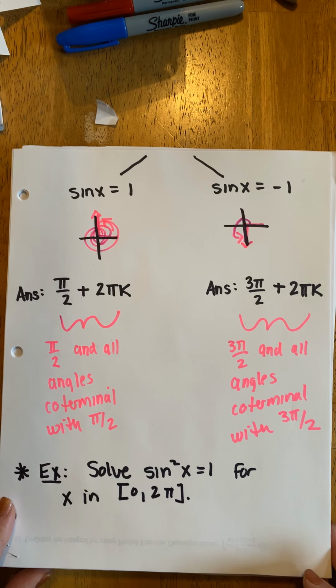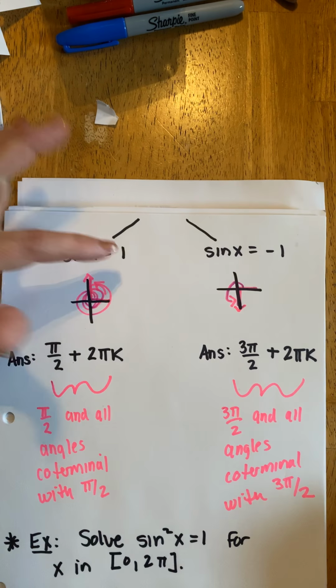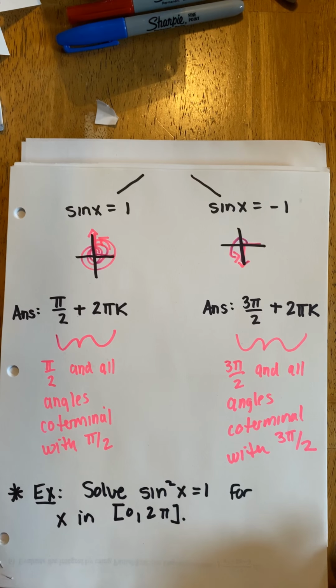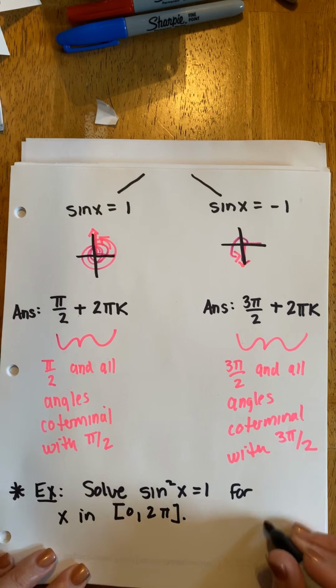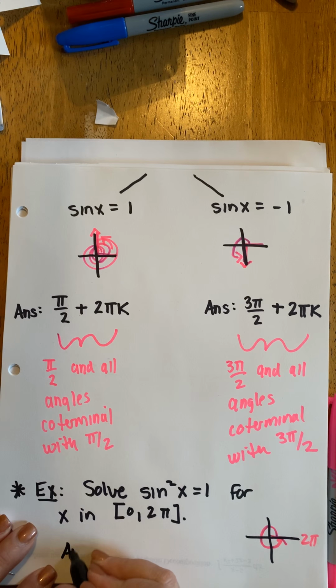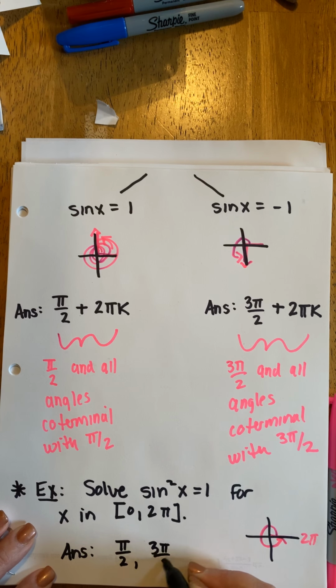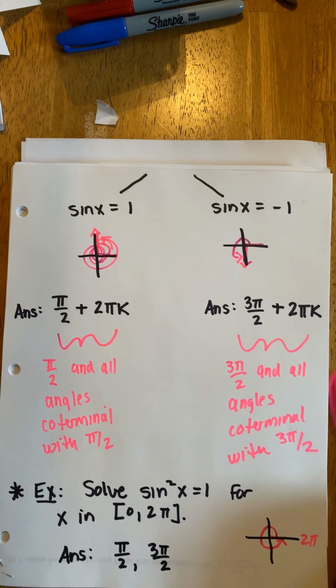So in this case, it'd be the same solution here, looking for all angles whose sine is 1 or whose sine is negative 1, but we're only looking for angles whose initial side starts here and which do not exceed 2 pi. So of all the solutions, the only angles between 0 and 2 pi would be pi over 2 and 3 pi over 2. So it's not looking for all the angles, it's just looking for the ones between 0 and 360 degrees.